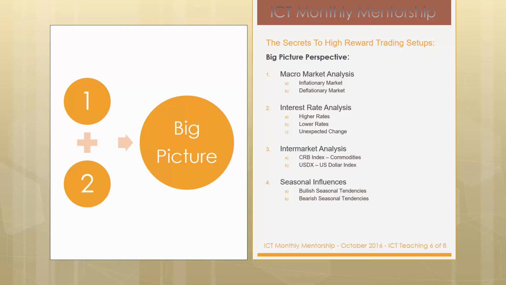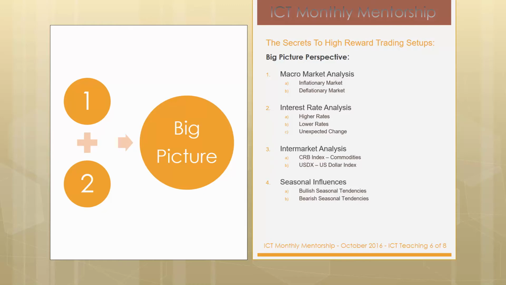Okay, if the CRB index is entering a time when commodities as a whole usually go higher, that's going to put downward pressure on the dollar. So if there's going to be downward pressure on the dollar, that means that we can see easy buy signals in currencies that have interest rates that are going higher, and that chasing of yield with the currency makes a high reward trade setup.